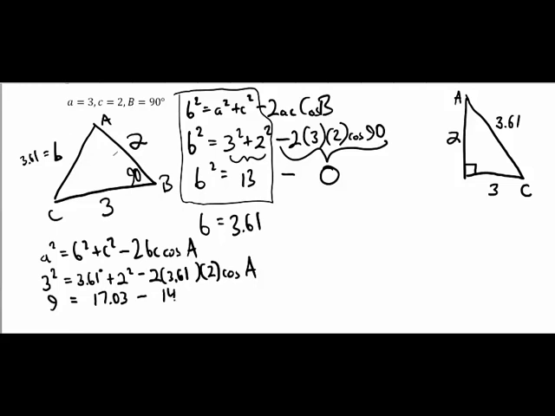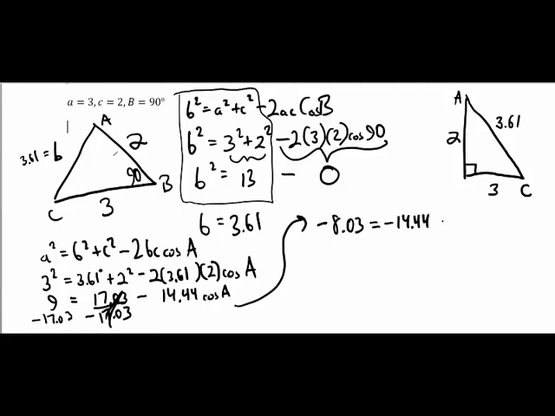This gives me 14.44 cosine A. So we subtract our 17.03 from both sides. Sorry, pen slip there. So those simplify, and what this does, it gives me an answer. 9 minus 17.03 is negative 8.03, and that's equal to negative 14.44 cosine A.